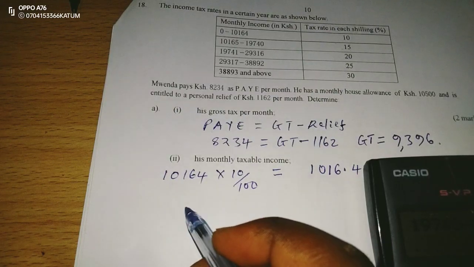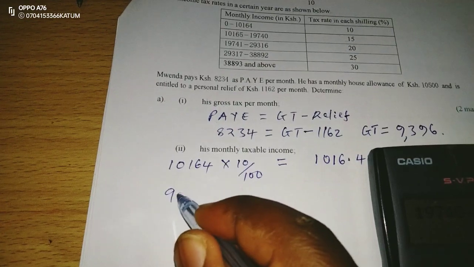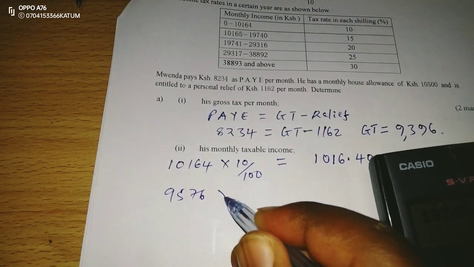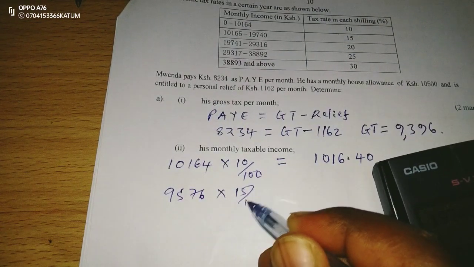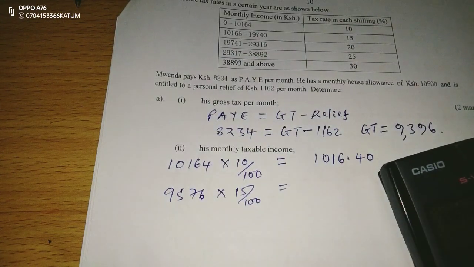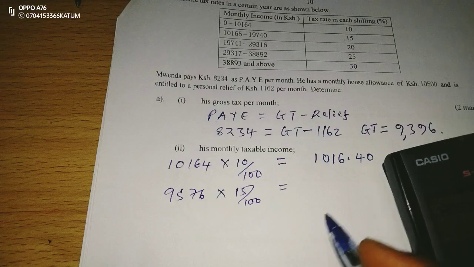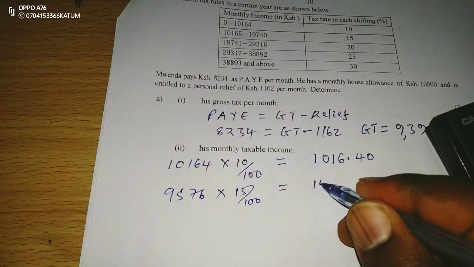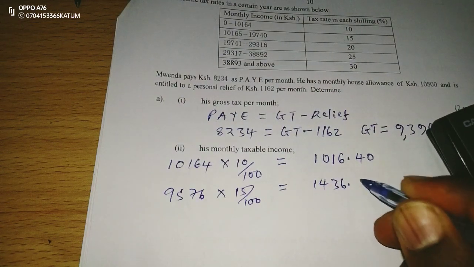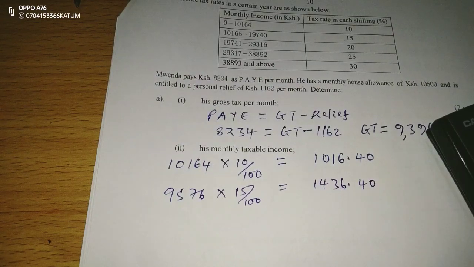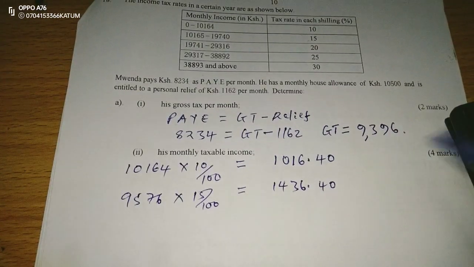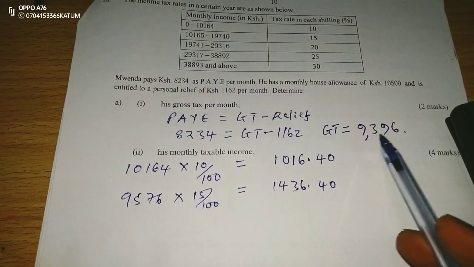This is going to give us 9,576 at the rate of 15%, and we obtain 1,436.40. And remember now, when we add all this, we are not getting 9,396.